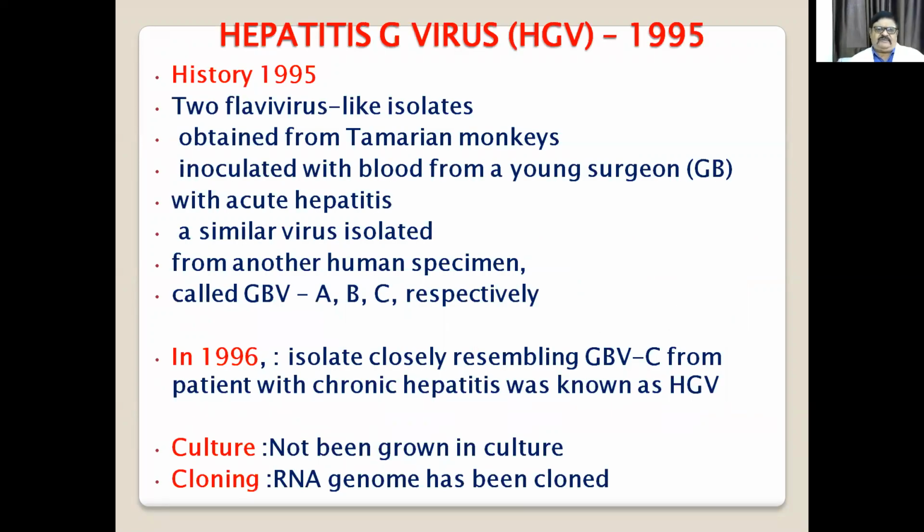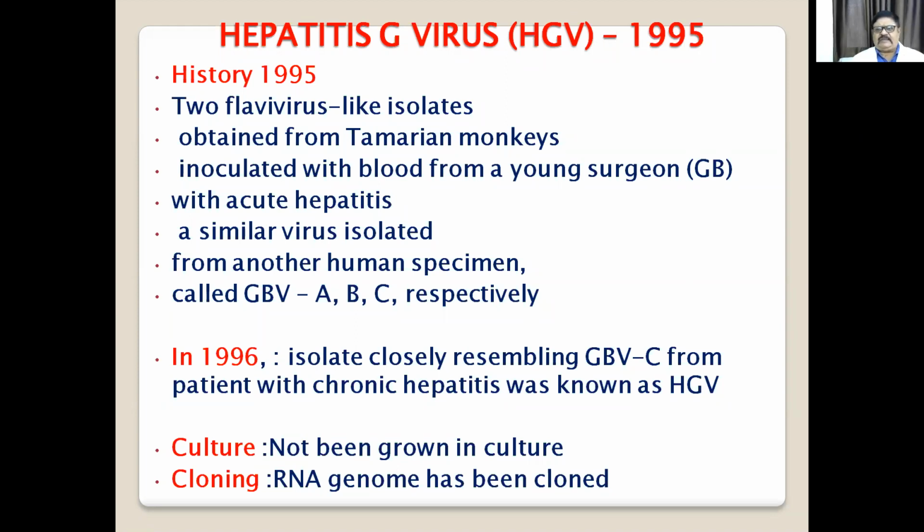In 1995, two flavivirus-like isolates were obtained from tamarin monkeys inoculated with blood from a young surgeon. The GB are the initials, maybe something like Judge Bernard. To commemorate his name, they put it as GB.